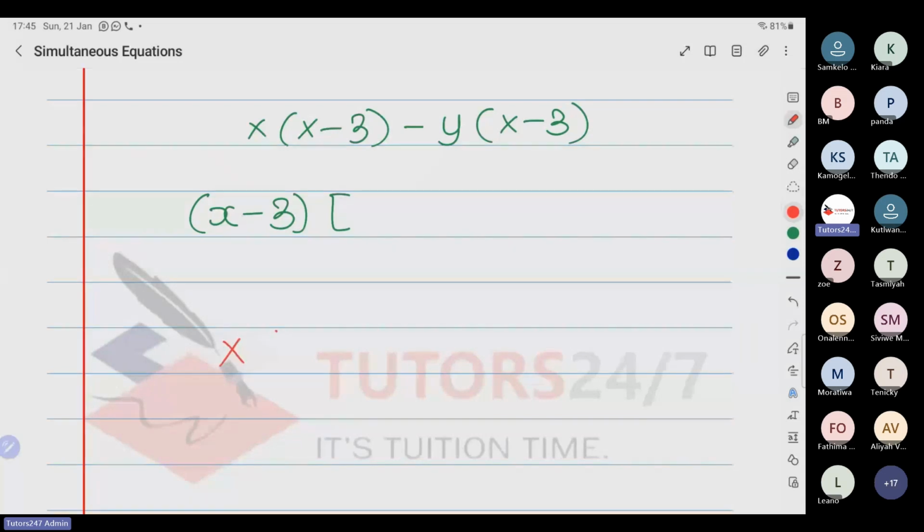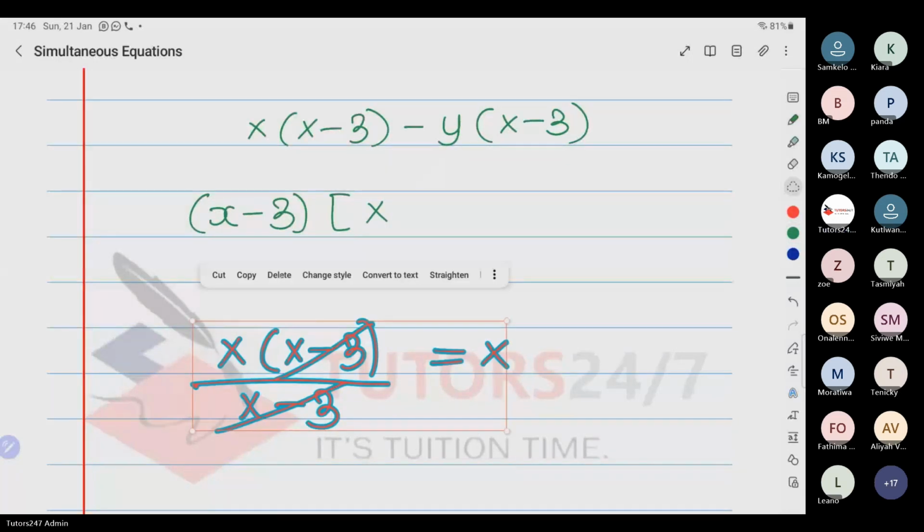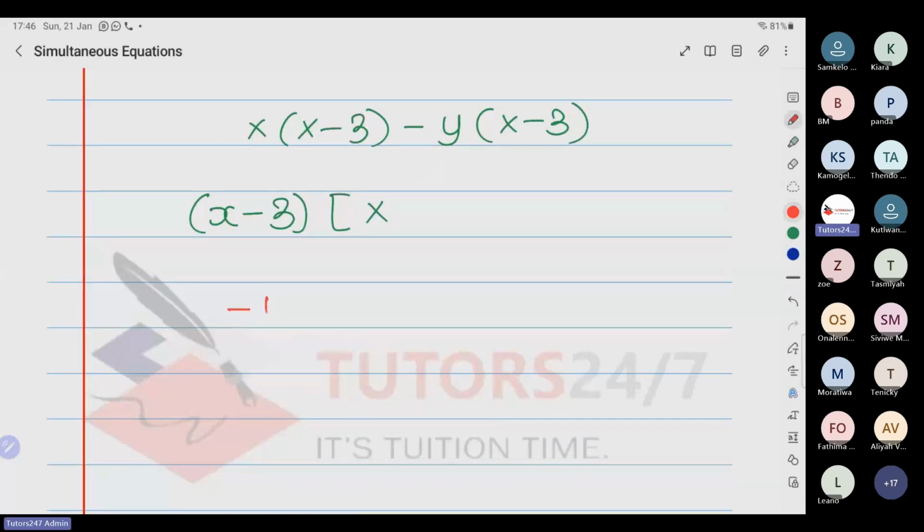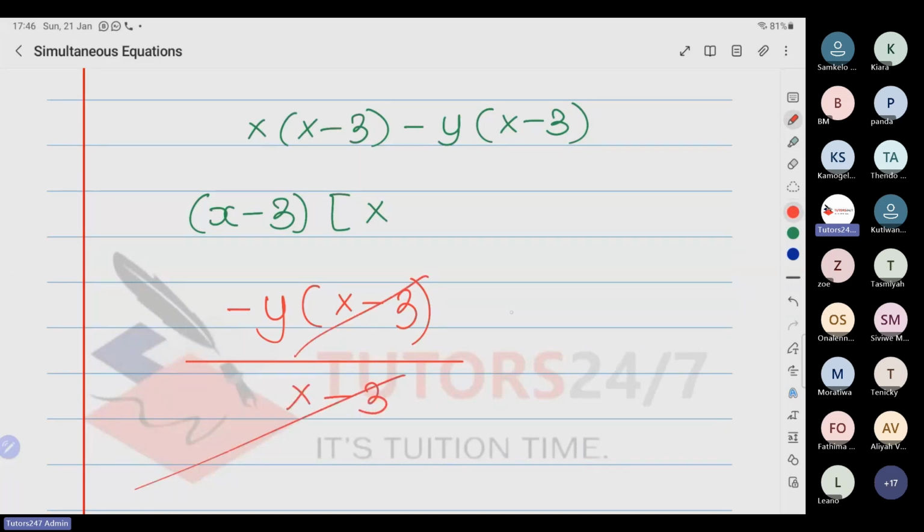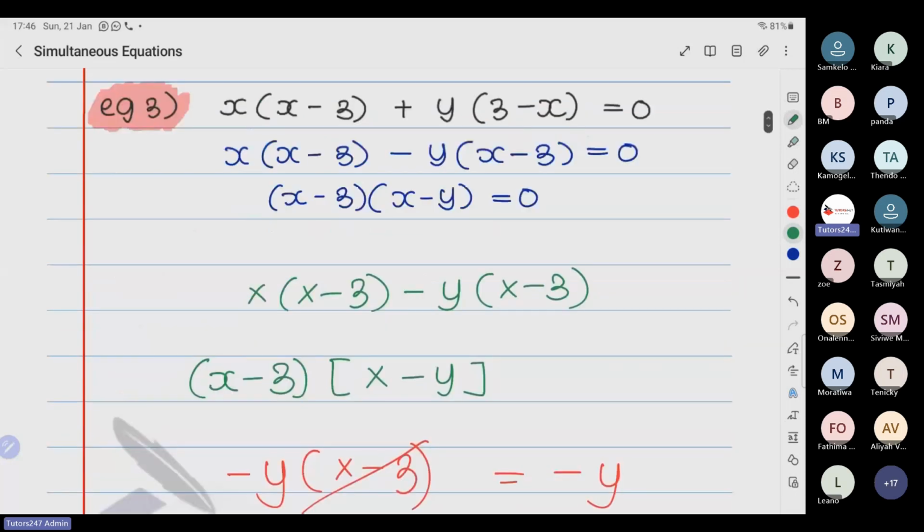So x(x - 3) divided by the common factor, that cancels, you are left with x. Do the same thing with the second term. -y(x - 3) divided by the common factor, which is x - 3, that cancels, and you are left with -y. That is how we ended up with (x - 3)(x - y).